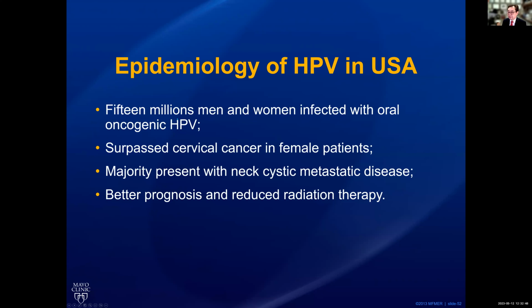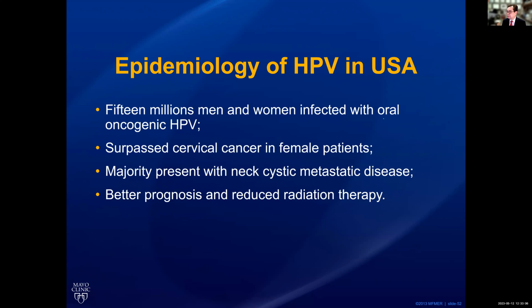And the number has surpassed cervical cancer already. As we know, cervical cancer, because of the pap smear, because of cytology, collectively we did great, saved millions of lives for female patients.